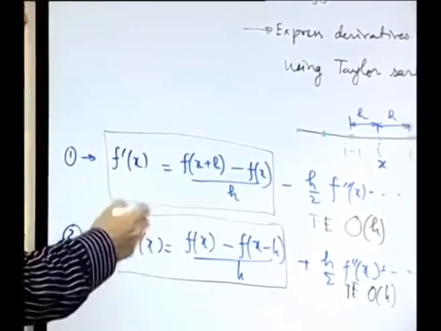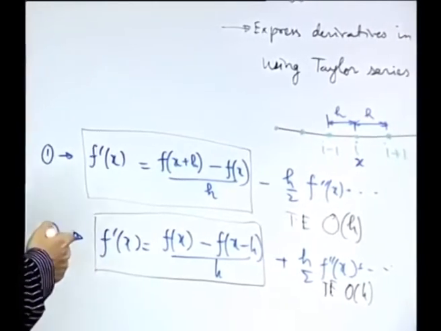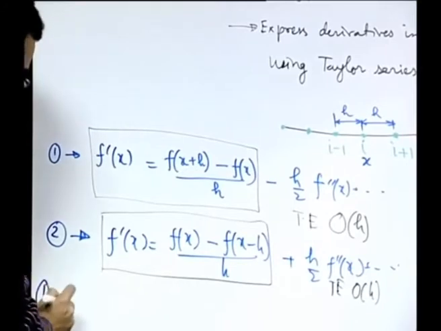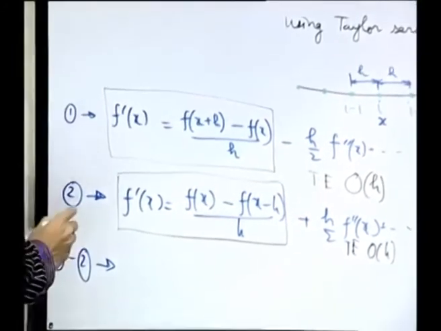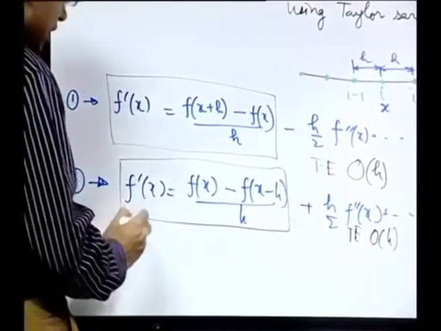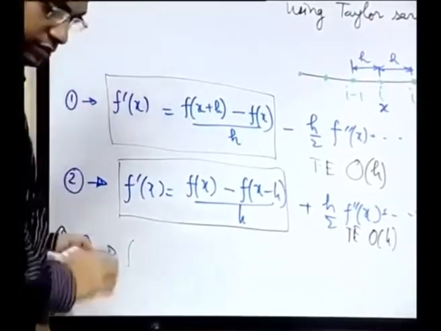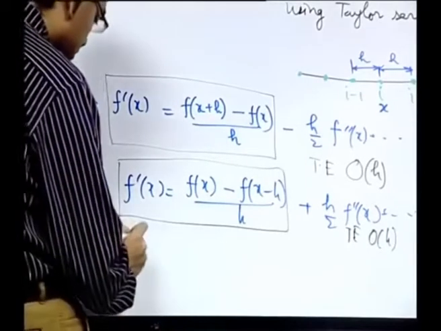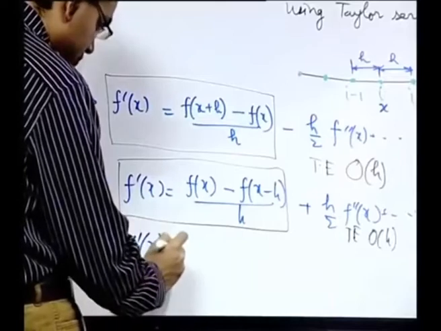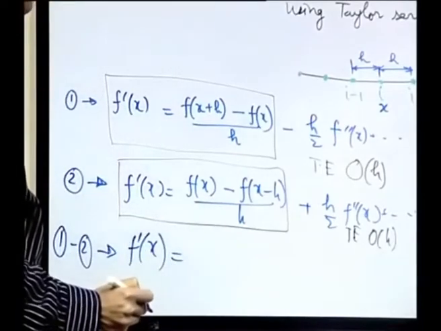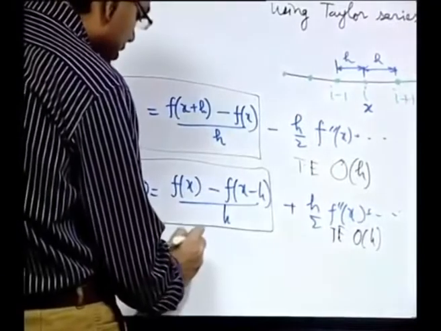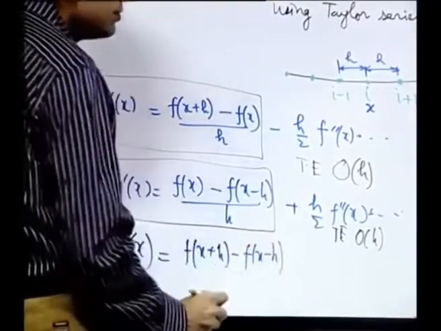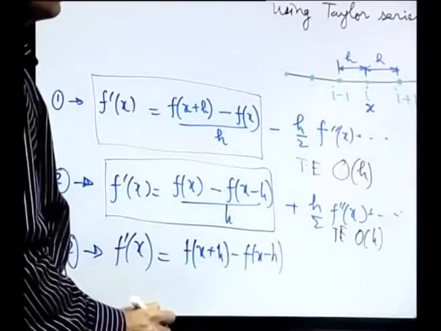We can also find out f dash x by subtracting 2 from 1. So, that will give you f dash x is equal to f x plus h minus f x minus h by 2 h.